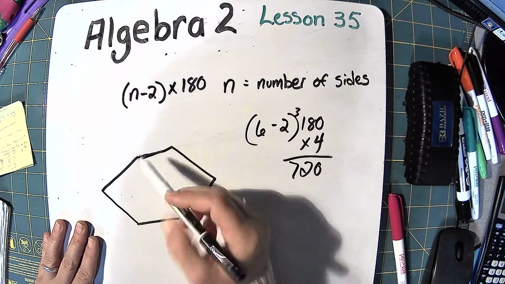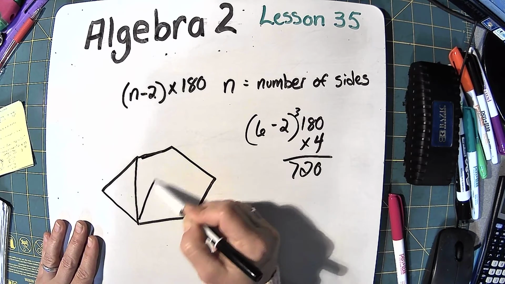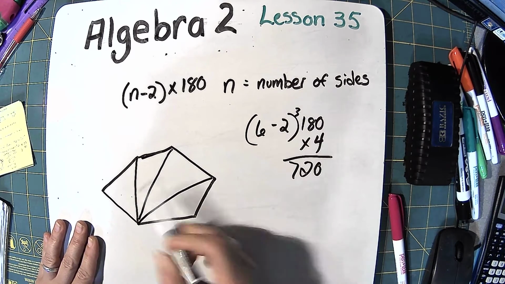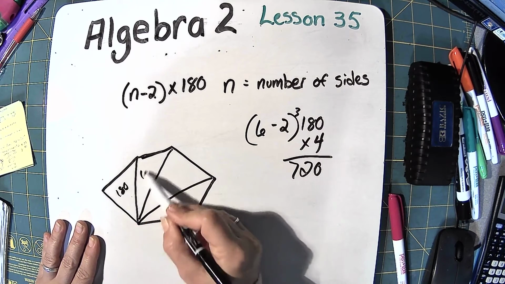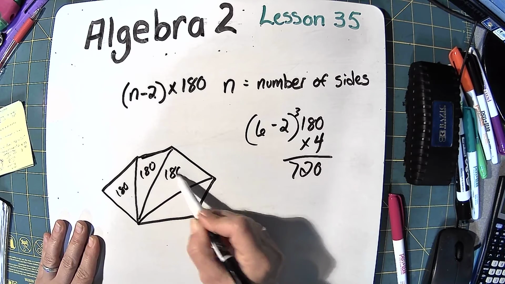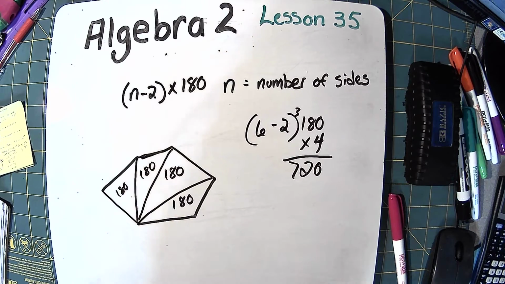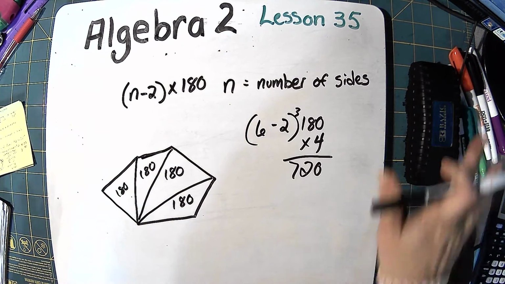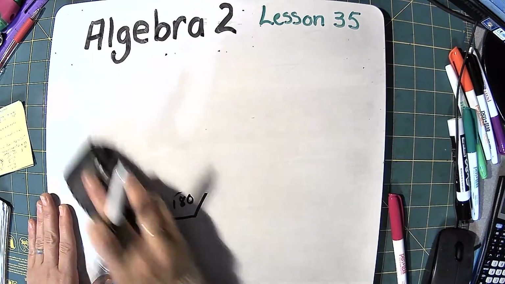And we can see that by dividing this into some triangles here. And we would have 180 in that one, 180 in that one, 180 in that one, and 180 in that one. All right, so you can use that for any number of sides.